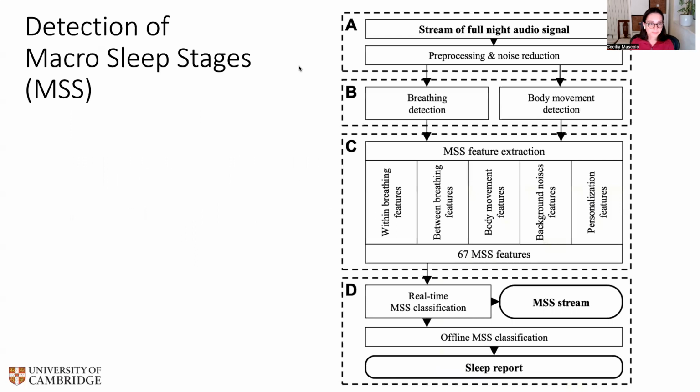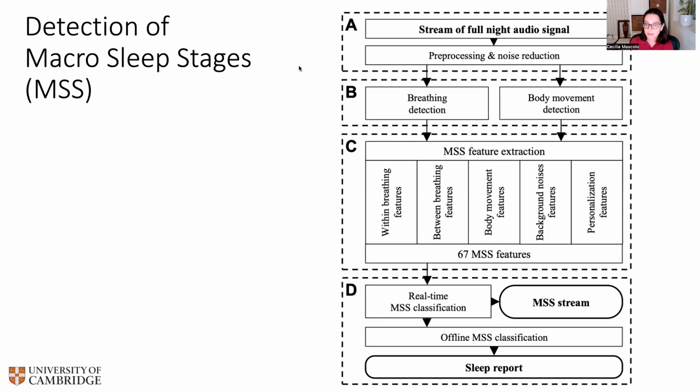And here is, for that paper, here's the steps that have been taken. So you take the full audio sleep signal, you pre-process and reduce the noise in the usual way that we've seen. You try to detect the breathing as well as the body movements.